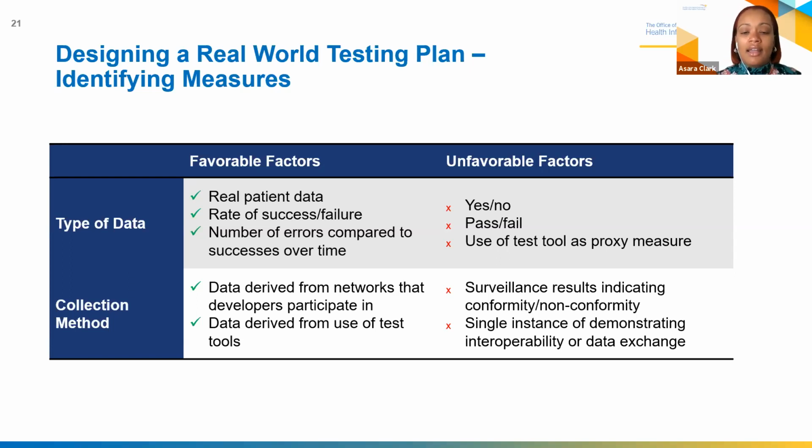When we're thinking about types of data, unfavorable factors would be a yes/no response or a pass/fail response, or the use of a tool as a proxy measure. These types of approaches don't necessarily demonstrate real world testing over time.